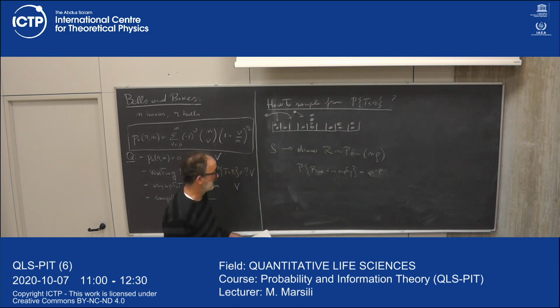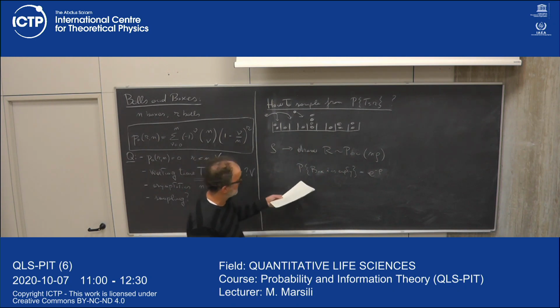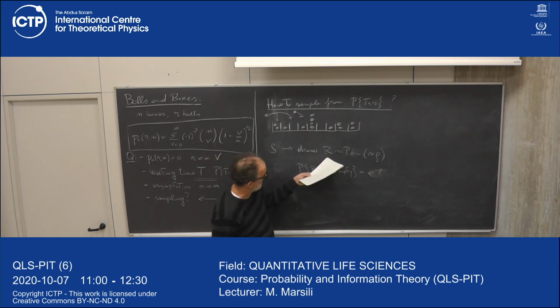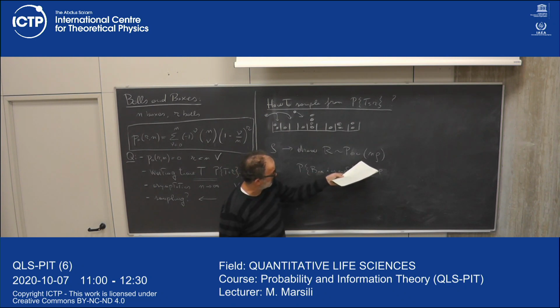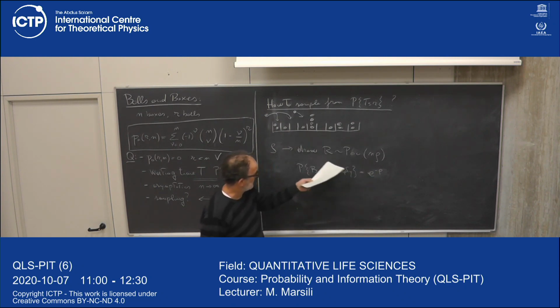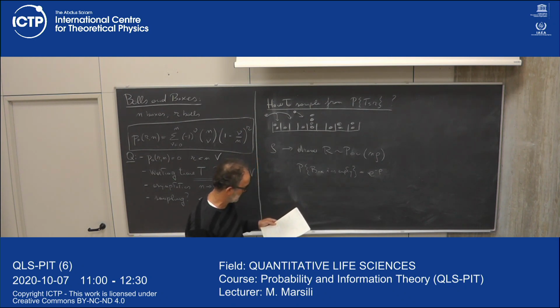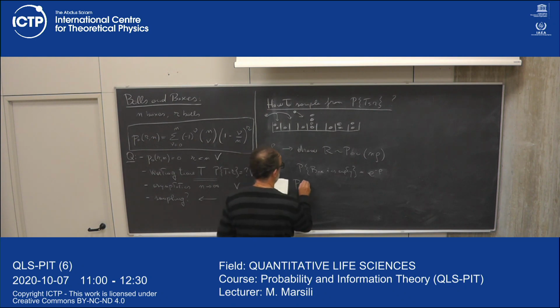And we know that because this R is a Poisson distribution, these events are all independent. So we can compute directly the probability that n0 boxes will be empty.